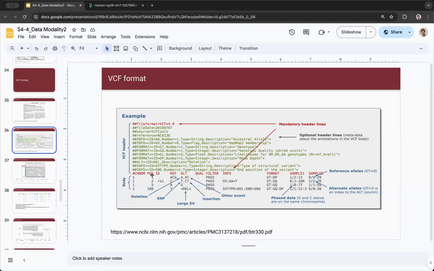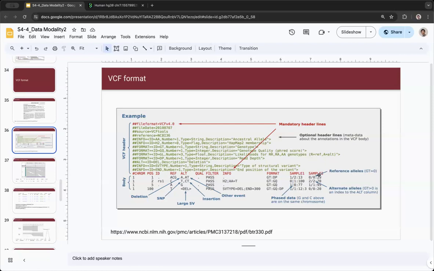So this is nine columns. All these nine columns have the same format in any kind of VCF. If you create a VCF file yourself, you always get the nine columns.